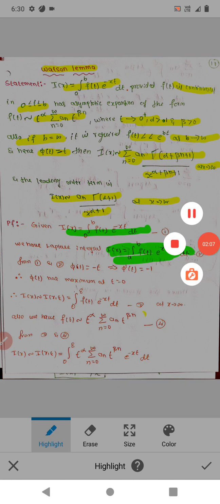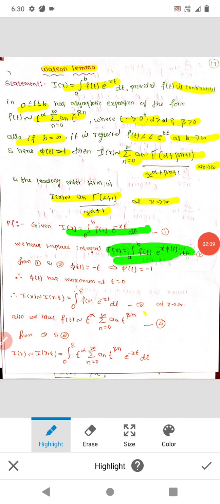Now comparing equation 1 and equation 2, phi of t is minus t. So differentiating, phi dash of t is equal to minus 1. Therefore, phi of t is maximum at t equals 0.